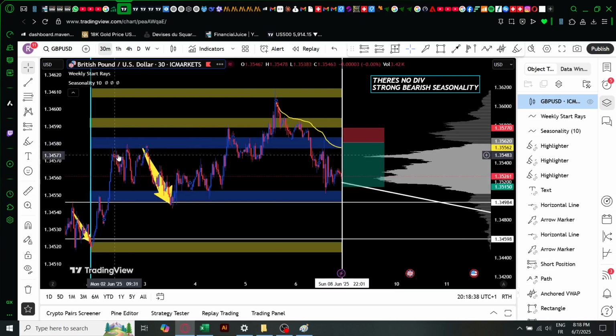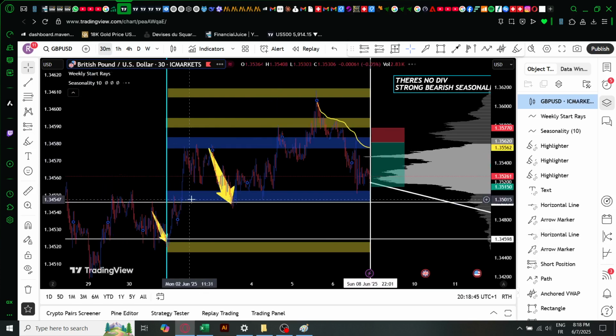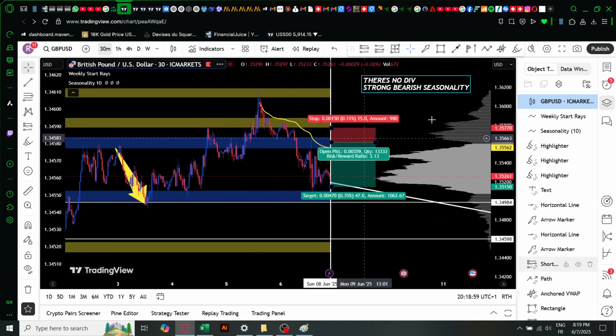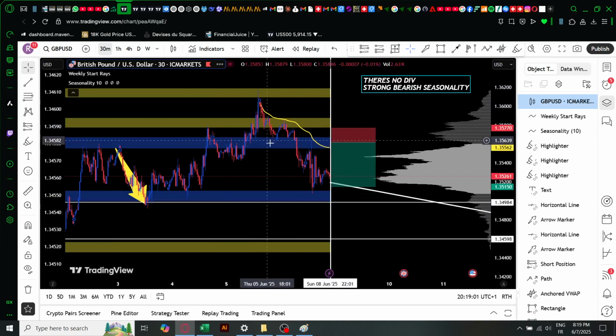You can see 1 2 3, 1 2, another level here, and one, so 4 touch points. But when there is very low volume, you can see 1 2 touches, then 1, 1. So every level has just 1.